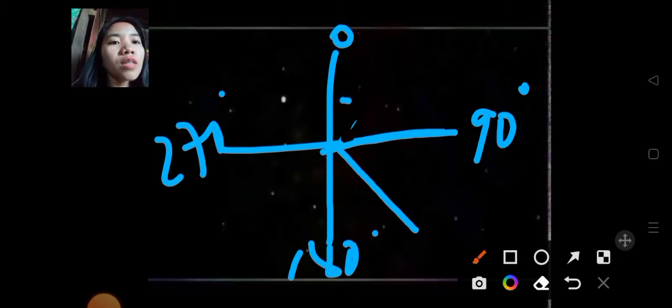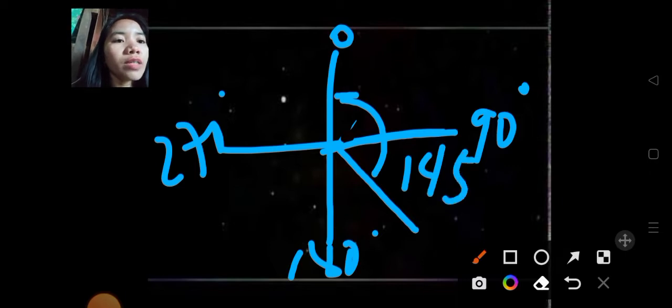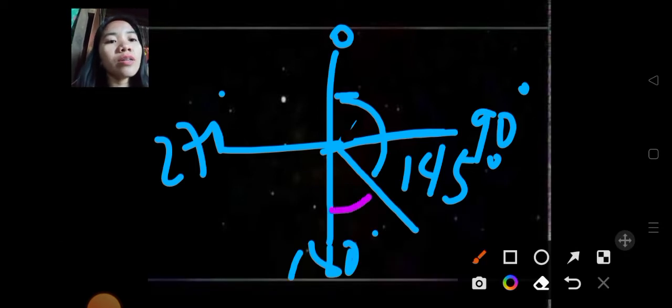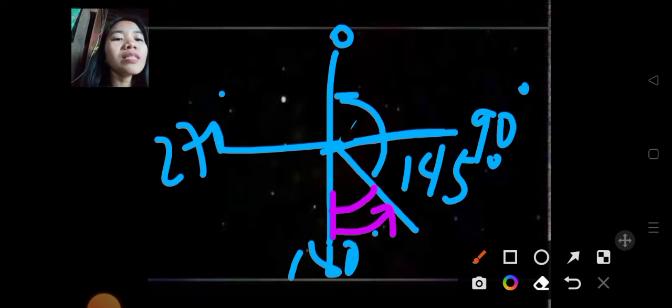So this is our azimuth, our 145 degrees. 180 minus 145 degrees is equal to 35. So our bearing is here, the 35 degrees, from south to east. That is our bearing. So we have south 35 degrees east.